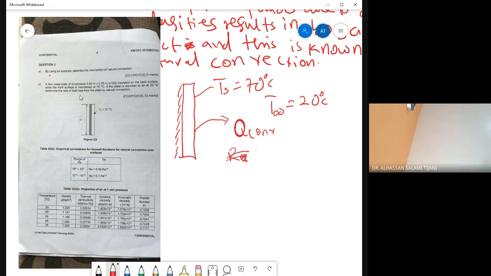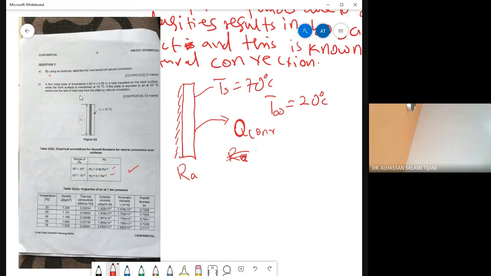So the first thing that has to come to our mind is that we need to determine the Rayleigh number. A range of Rayleigh number has been given to us in the table below, from 10 raised to the power 4 up to 10 raised to the power 9 or so. For this situation, the appropriate Rayleigh number is also given by this.